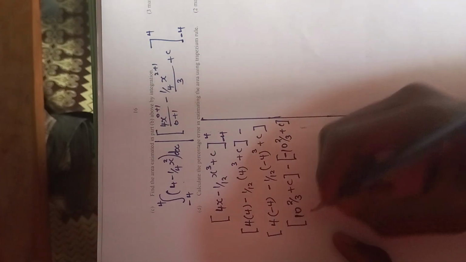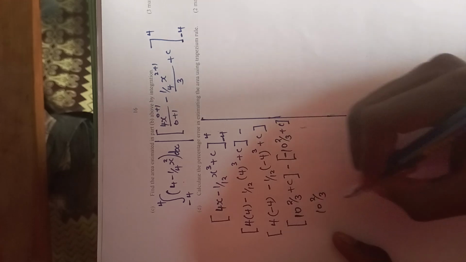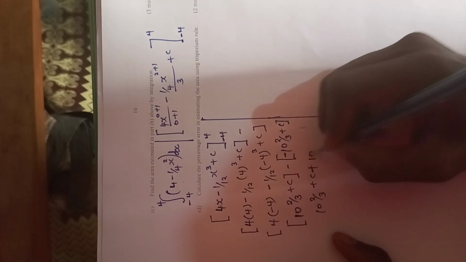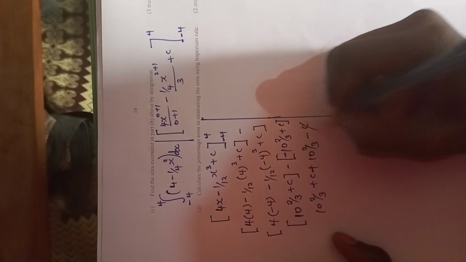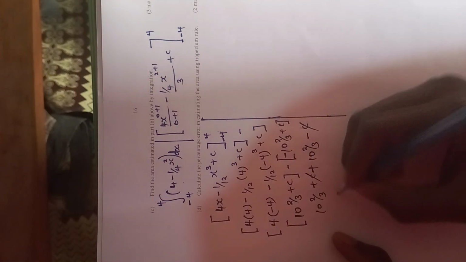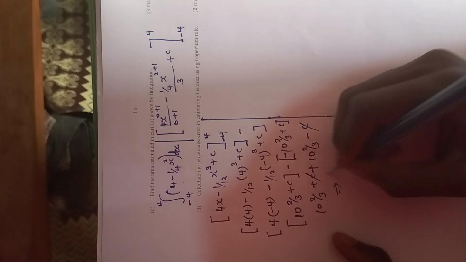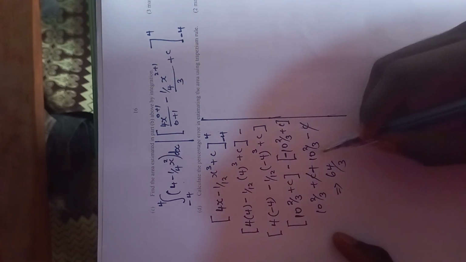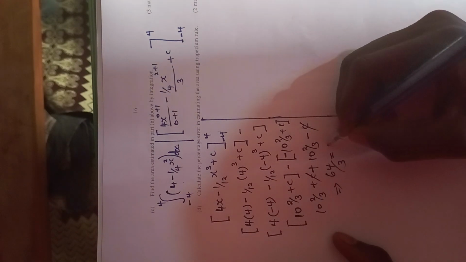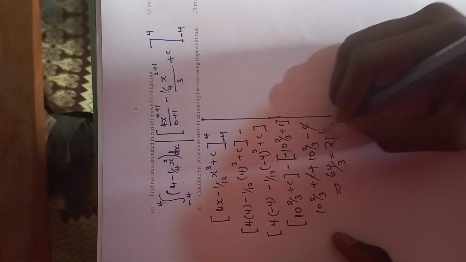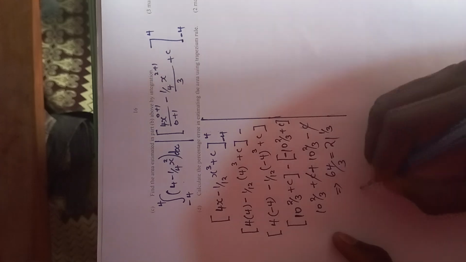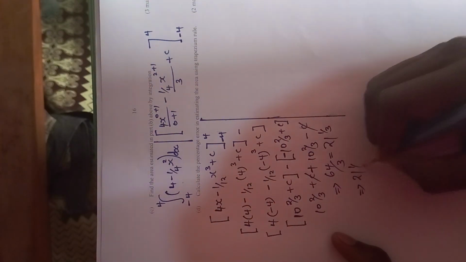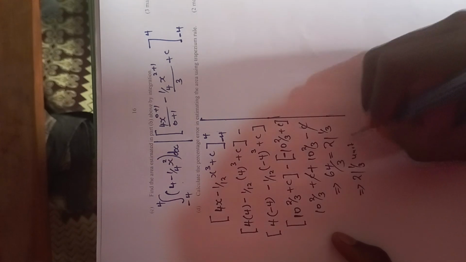So this brings us to 10 and 2/3 plus c. Minus and minus will be plus, 10 and 2/3. So this c and this c will cancel. This will result in a final answer of 64/3. So 10 and 2/3 plus 10 and 2/3 becomes 64/3, which is the same as 21 and a third square units. So the answer by integration becomes 21 and a third square units.